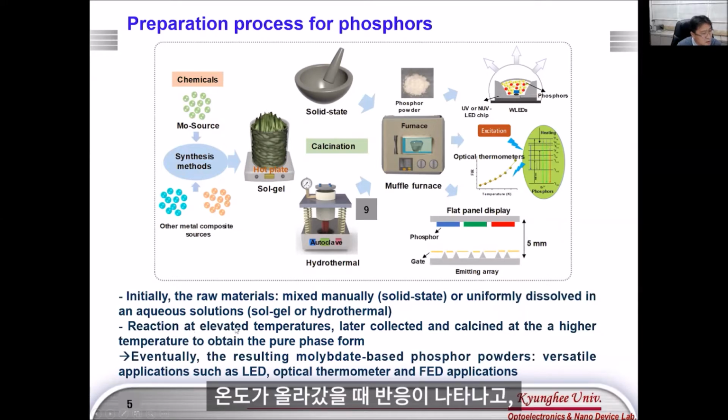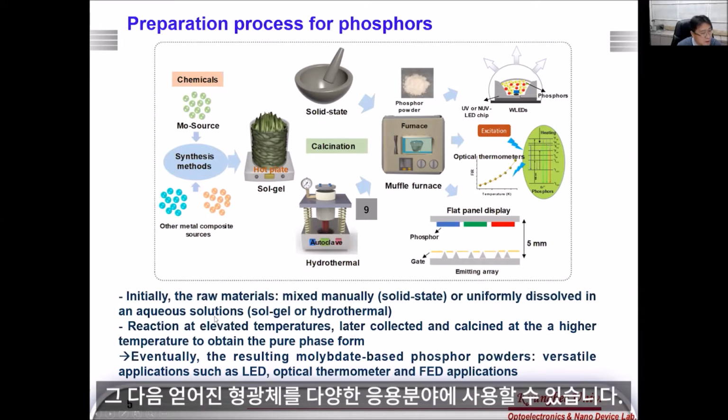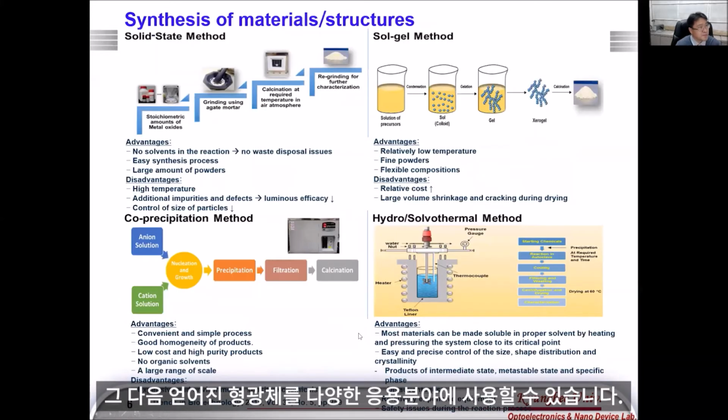The reaction is performed at elevated temperature. After that, it is calcined at a higher temperature to obtain the pure phase form. Then the obtained phosphor material can be used for different applications.